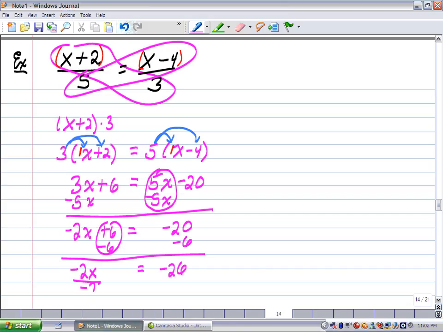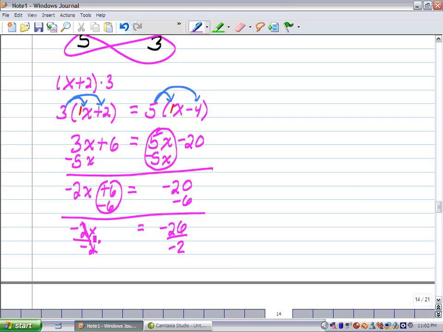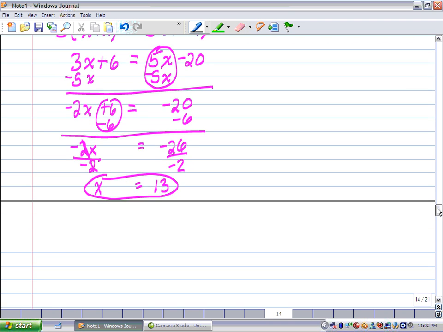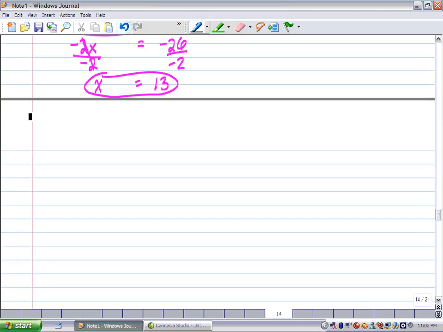And then the last step is to divide both sides by negative 2. Negative 2 over negative 2 is 1. And a negative divided by a negative, remember, is a positive. So x equals 13 is my resulting solution.